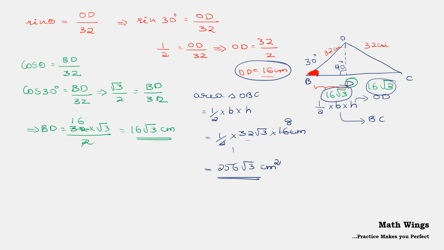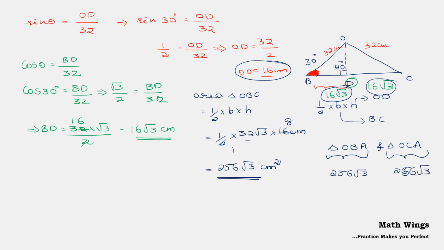Similarly, we have triangle OBA and triangle OCA. Areas of both these triangles are equal to 256 root 3 as well as 256 root 3. Now, what have we been asked?